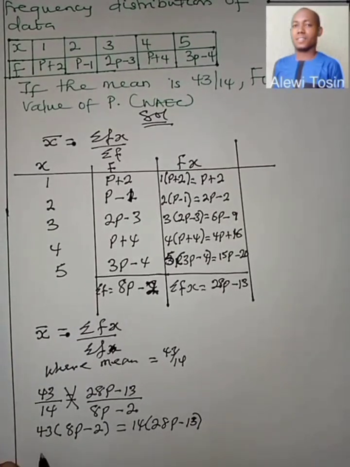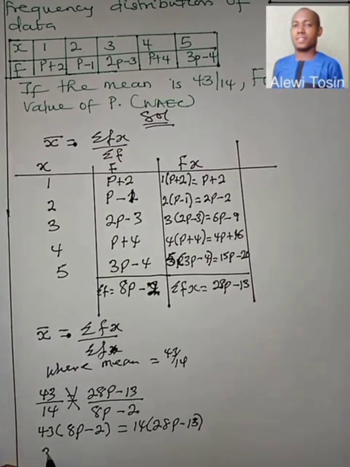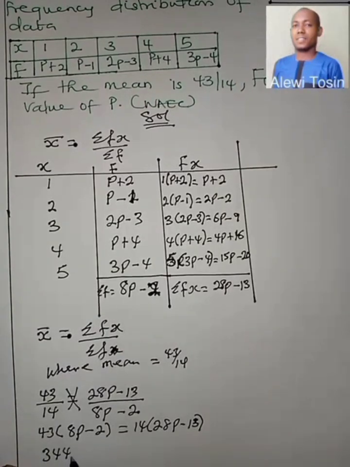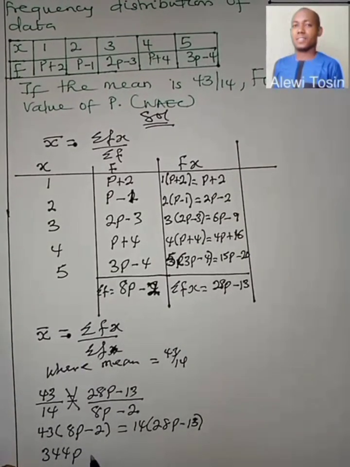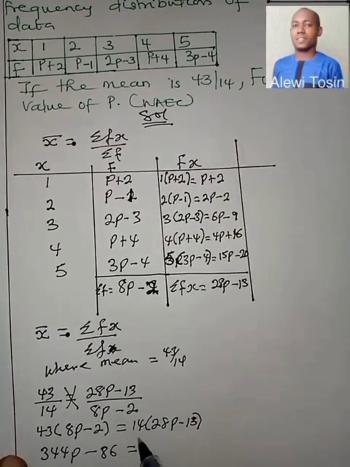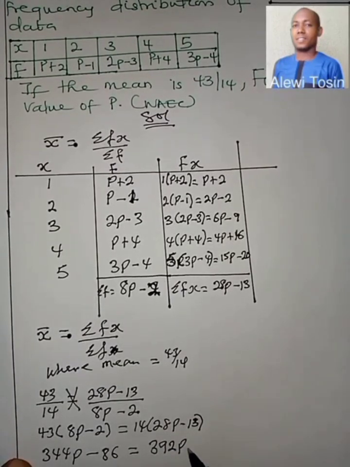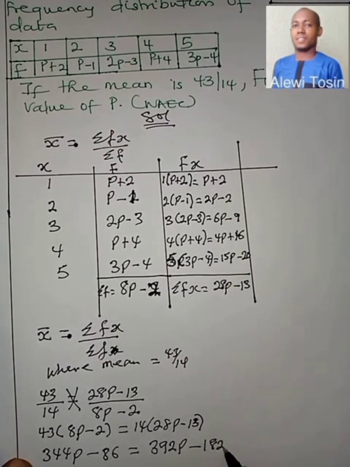If you open the brackets, 43 times 8p gives us 344p, and 43 times minus 2 gives minus 86, while 14 times 28p gives 392p, and 14 times minus 13 gives minus 182.